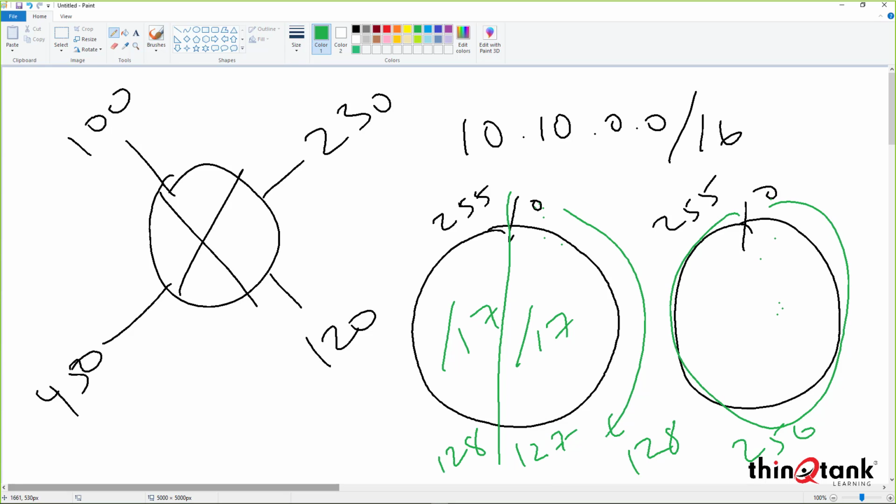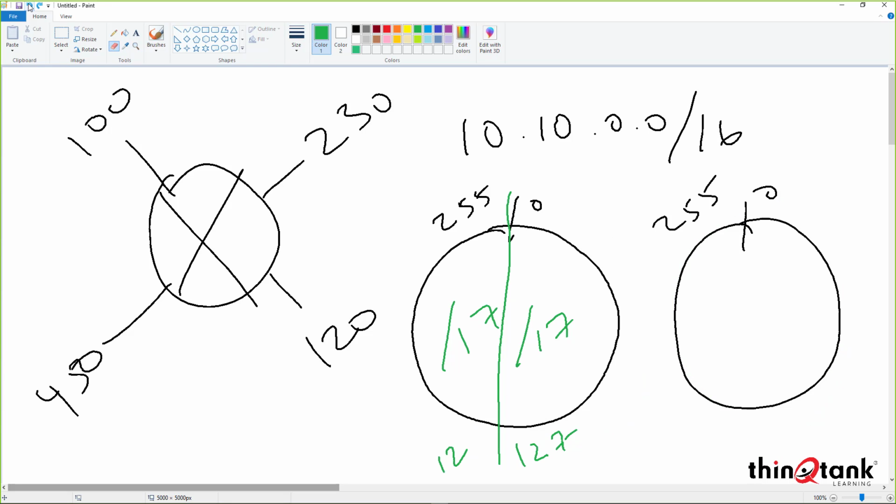Well, certainly 32,000 addresses is going to be way too much. So what we're going to do is divide this again. I probably should have started with a different example, but I wanted to give you an idea of visually how we could divide this up.